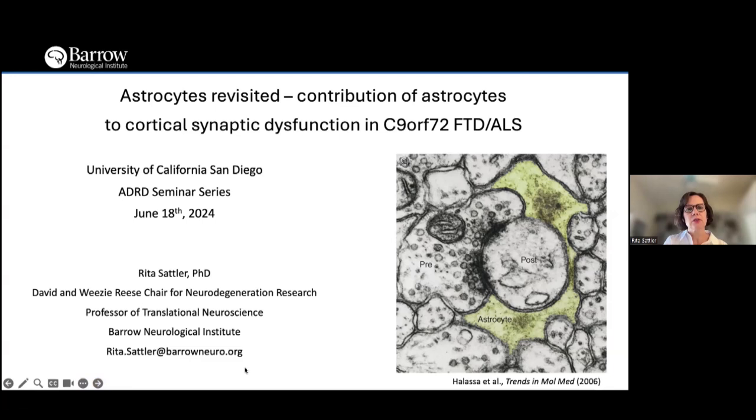What I would like to highlight today, we have several projects around this mutation since it's been discovered, and we have a really fun and interesting project that was initiated by a former grad student, who is now also a postdoc just up the street from you guys at Ionis Pharmaceuticals, on the role of astrocytes and how astrocytes might contribute to the loss of synaptic function in degeneration, in particular in this disease.